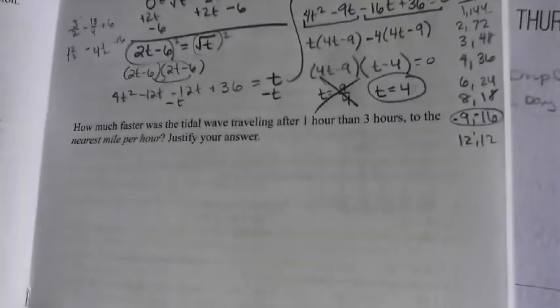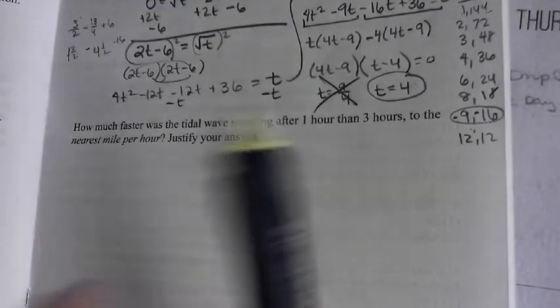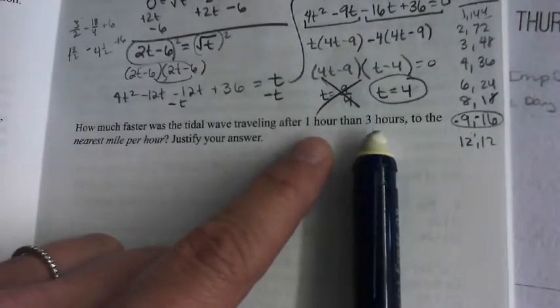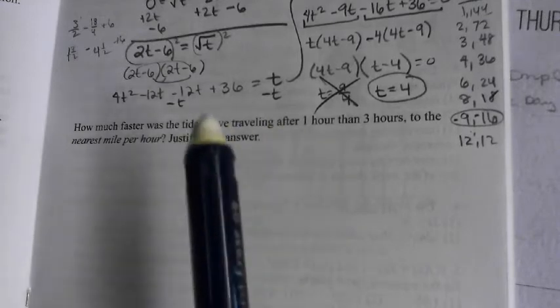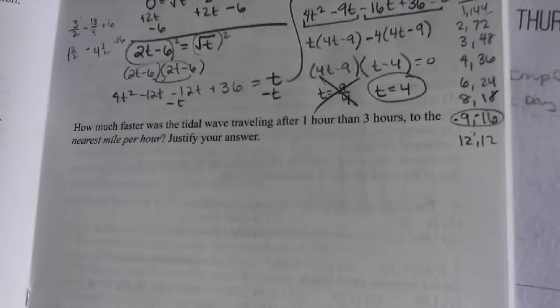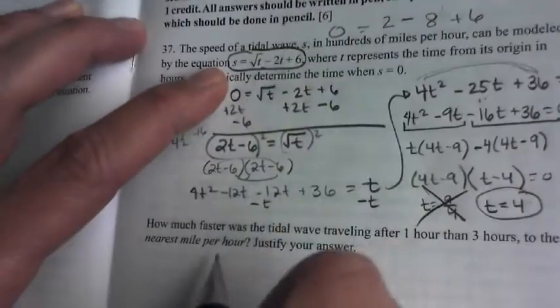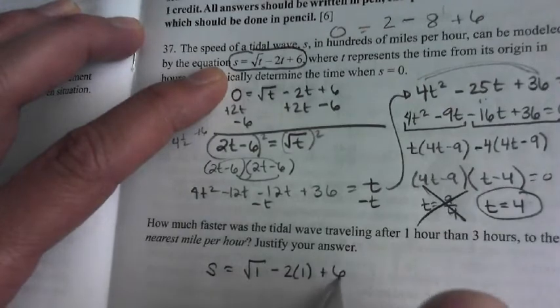The second part, how much faster was the tidal wave traveling after 1 hour than 3 hours? So you want to calculate the speed at 1 hour, calculate the speed at 3 hours, and come up with the difference, right? So the speed at 1 hour is just going to be root 1 minus 2 times 1 plus 6.